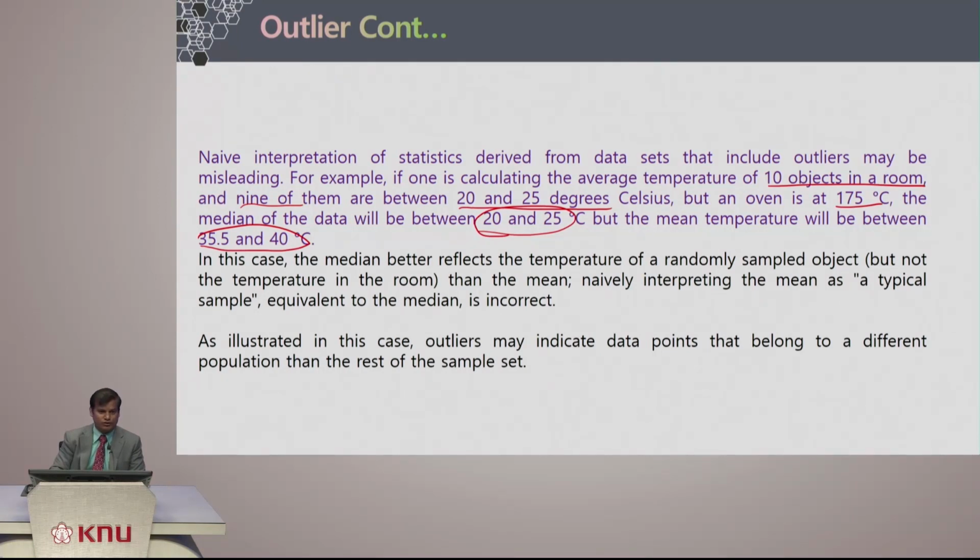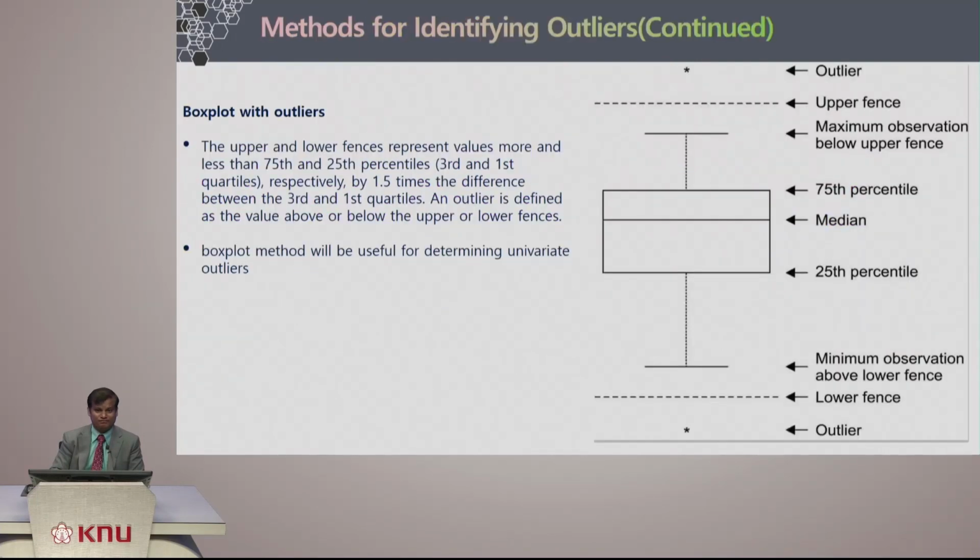So we should be careful with mean and median. Median can represent a better central tendency than mean values. So, methods for identifying outliers. If you use the box plot, you might already be familiar with it. The center shows you the median value, and the 75th percentile and 25th percentile, and the outliers are already shown here.